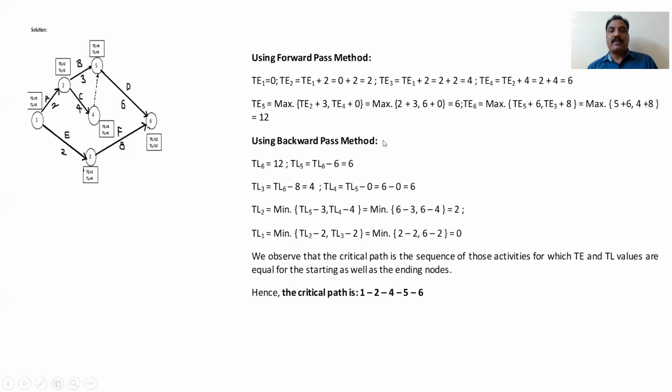Using the backward pass method means now you have to go from 6 to 1, 6 to 5, 5 to 4, 4 to 3, 3 to 1, like that. So in the backward pass method, first you should start from the 6th.